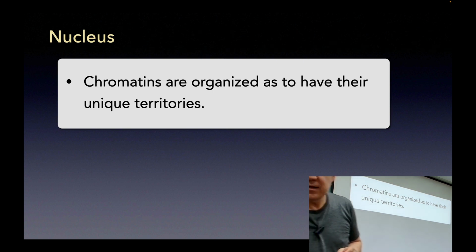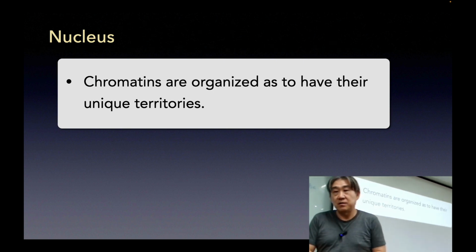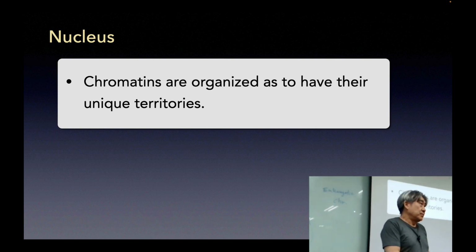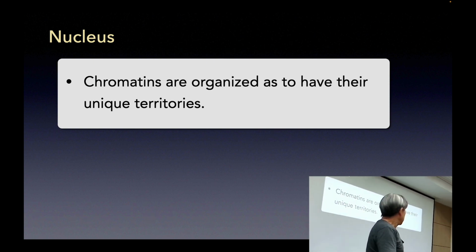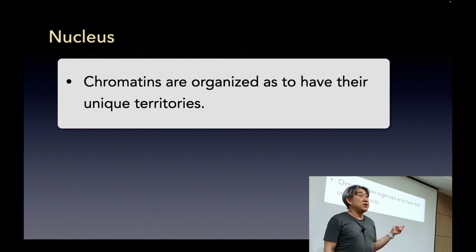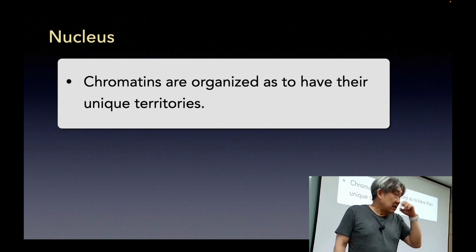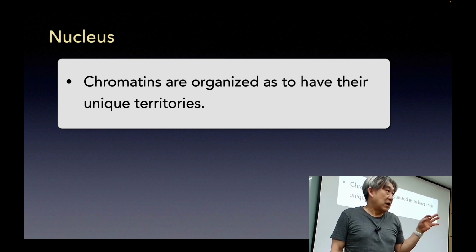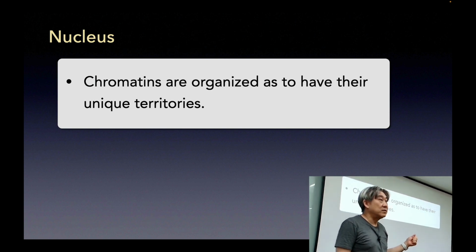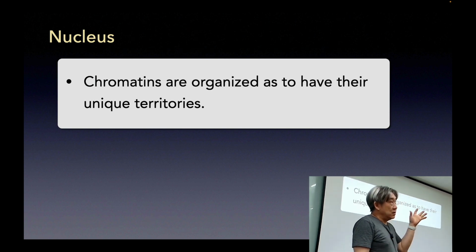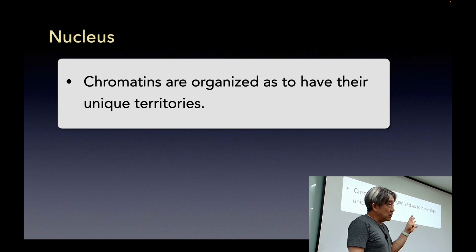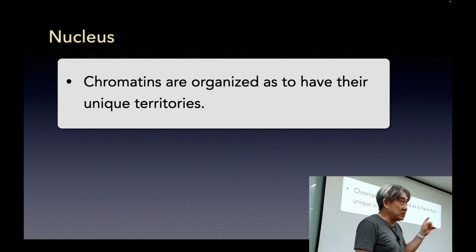And this chromatin, how many different kinds of chromosome do we have? 20, 24, is it? Or 23? We have one more kind of chromosome?